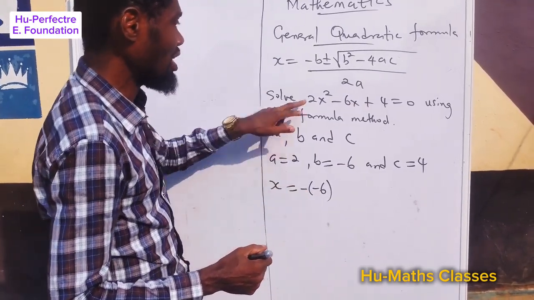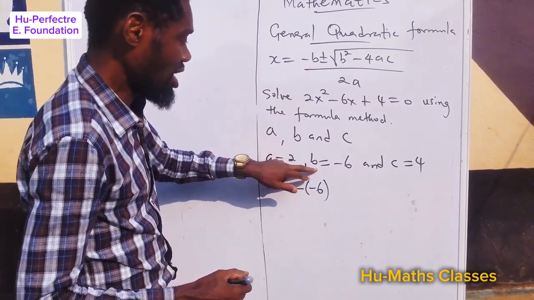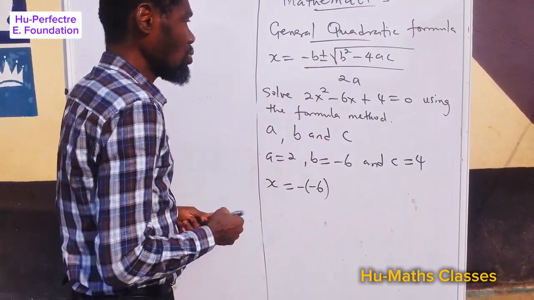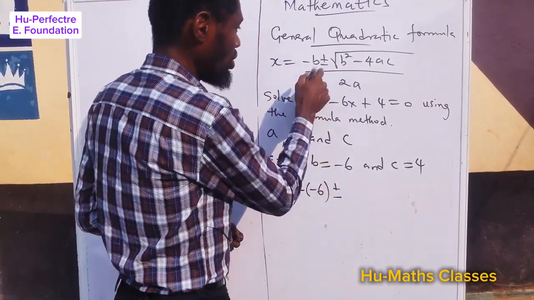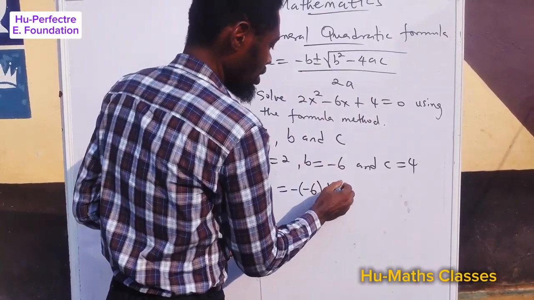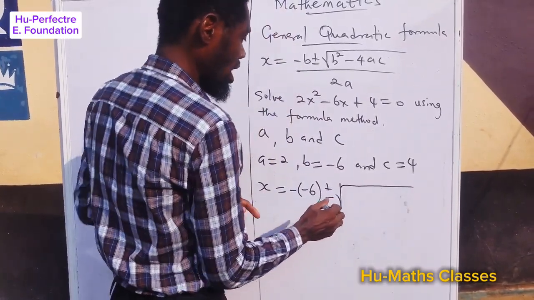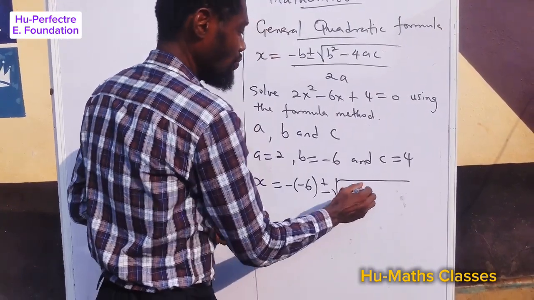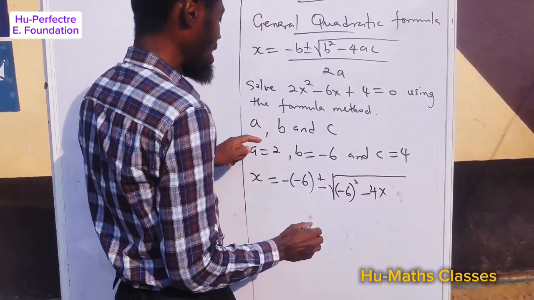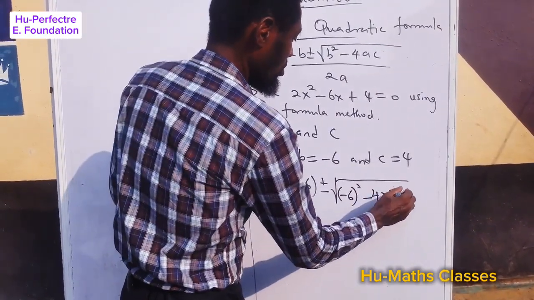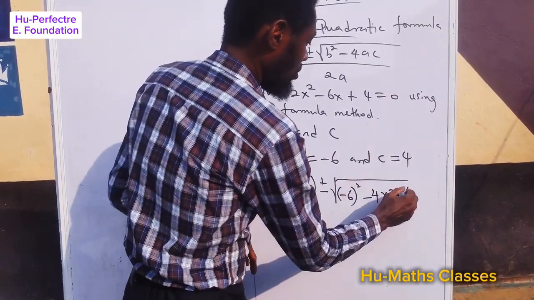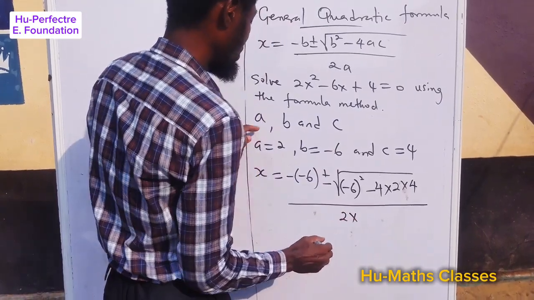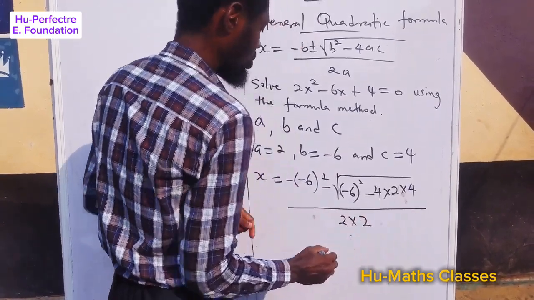So the minus sign is there in the formula, but b is minus 6 in this particular problem given to us. So we have plus or minus the square root of b squared, that will be minus 6 squared, minus 4 times our a, which is 2, times our c, which is 4, all divided by 2 times a, which is 2, so 2 times 2.